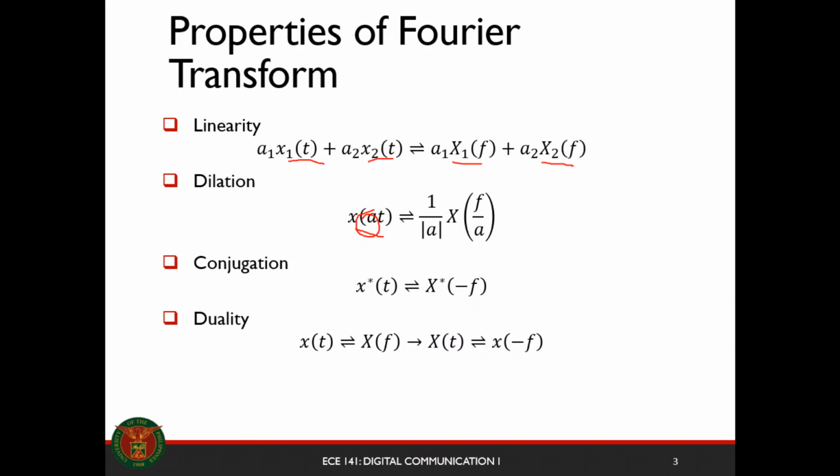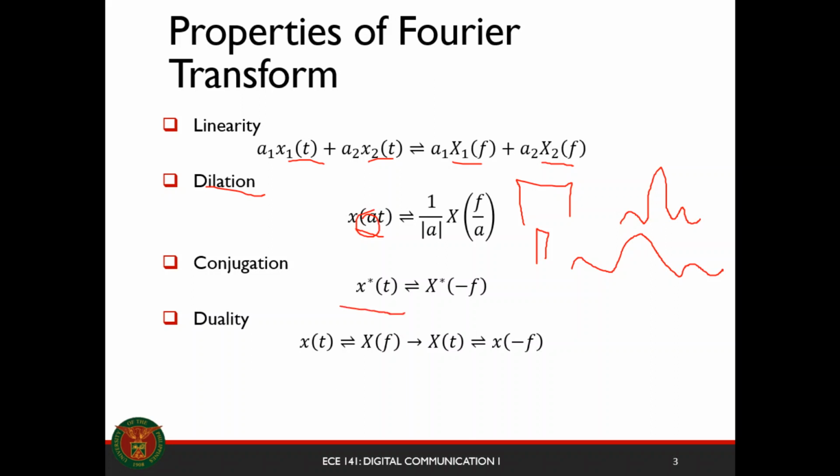Right? So if you have a rectangular pulse which had a sinc function as a Fourier transform, then a smaller rectangular pulse would have a wider Fourier transform. So that's what it means by dilation.